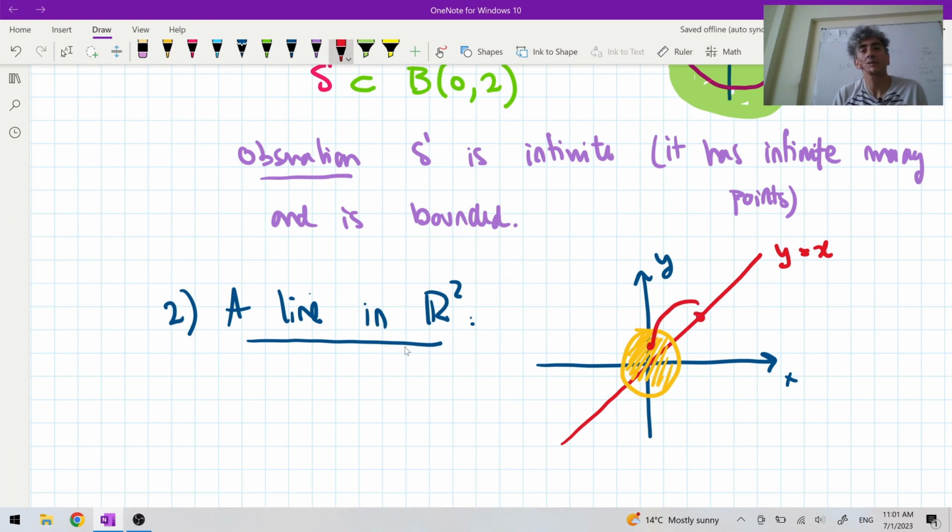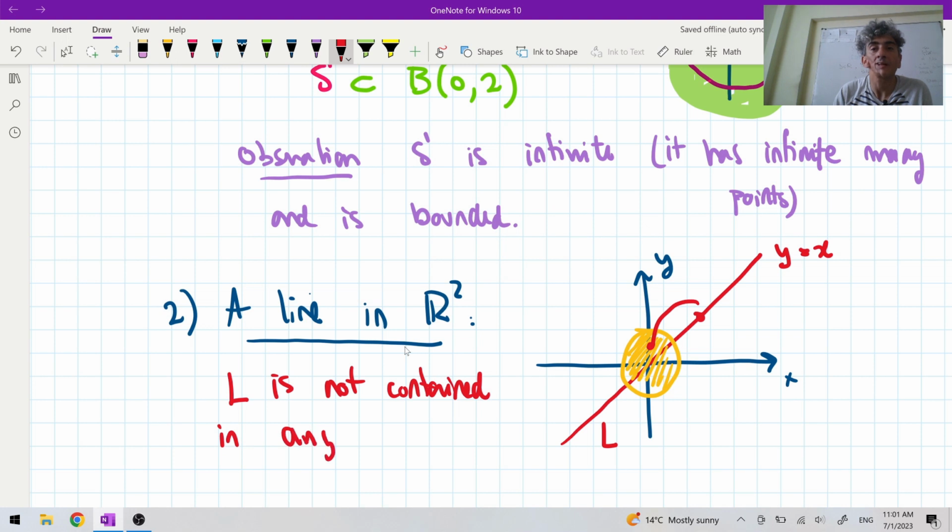Call this line L. L is not contained in any ball of radius epsilon.